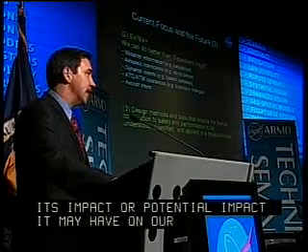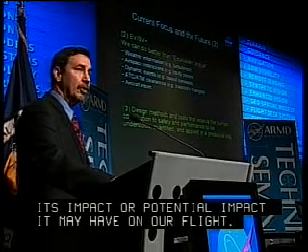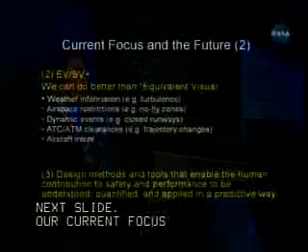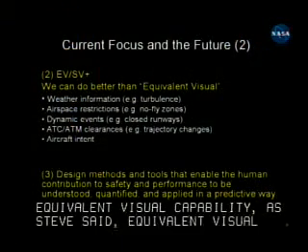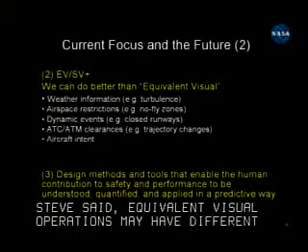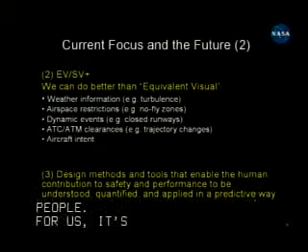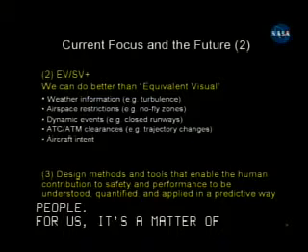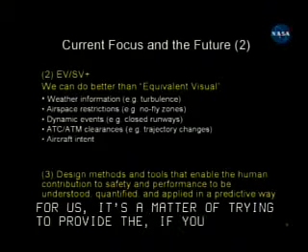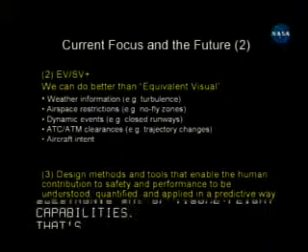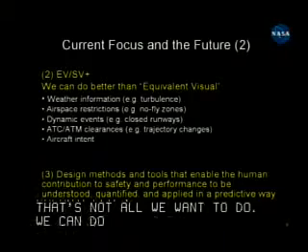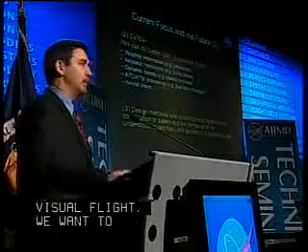So our current focus, again, is this equivalent visual capability. As Steve said, equivalent visual operations may have different connotations to different people. For us, it's a matter of trying to provide an electronic way of creating visual flight capabilities, but that's not all we want to do. We can do better than just visual flight. We want to be able to show things that the pilots actually can't see with their natural vision. For instance, clear air turbulence.